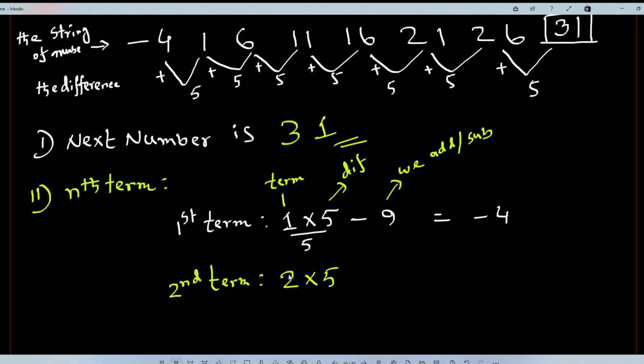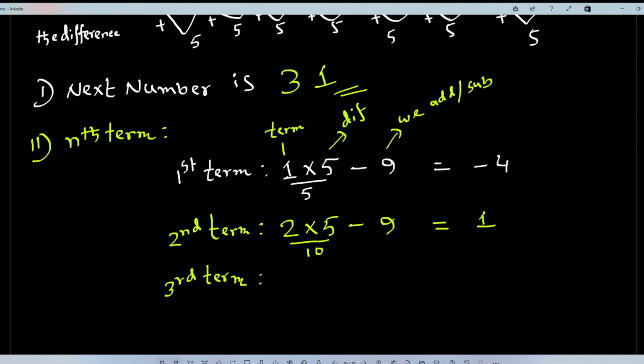Here the second term means 2, the difference is 5, we multiply, then -9. So 2 times 5 is 10, 10 minus 9 becomes 1. Again, the third term: similar thing, the term is 3, multiply by the difference, then -9. So what will be the answer? 3 times 5 means 15, 15 minus 9 is 6.